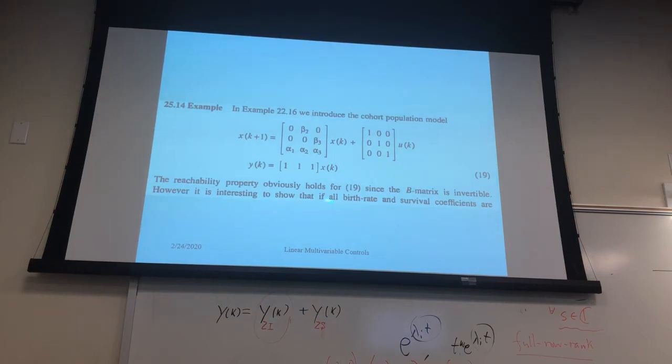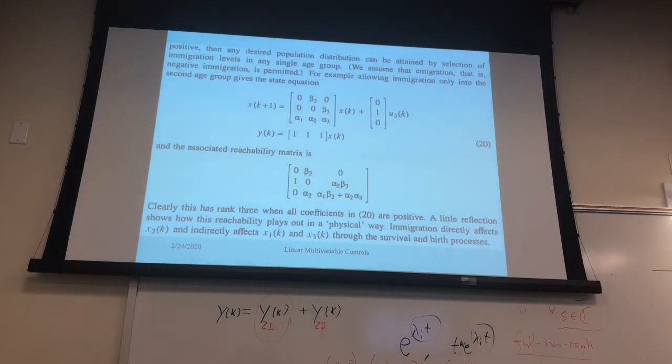So if the birth rate and survival coefficients are combined and positive, they interpret it as saying that the desired population distribution can be obtained by selection of the immigration levels in any single age group. Again, this is talking about reachability matrices.